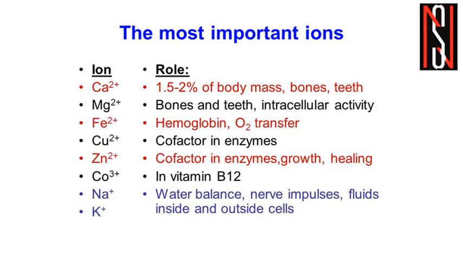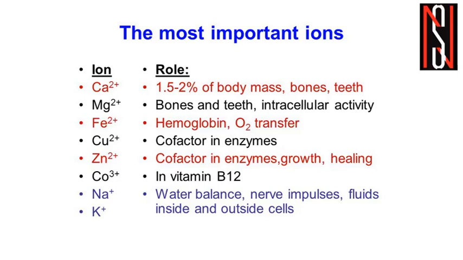Okay, so we have already discussed some of the roles of the metal ions we have taken in our classes, like calcium, magnesium, iron, copper, and zinc, and I have just shown you a basic representation of the roles of these metal ions: calcium, magnesium, iron, copper, zinc, cobalt, sodium, and potassium. If we consider this diagram, then we have a general idea regarding the roles of these metal ions.